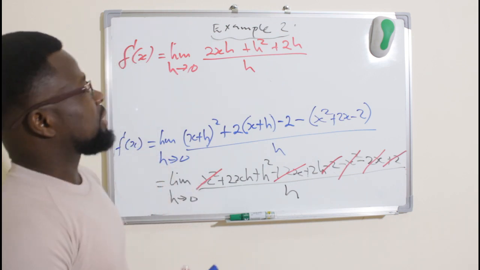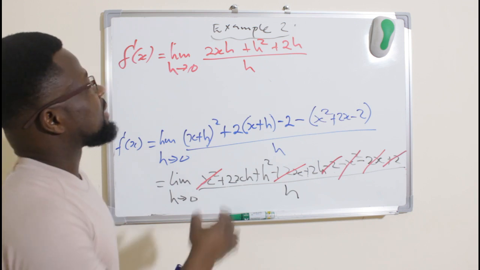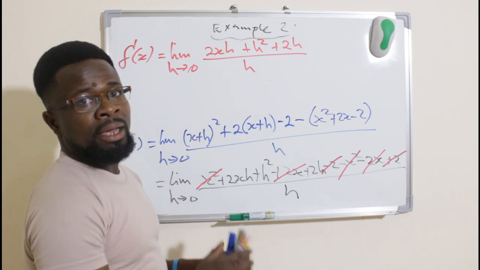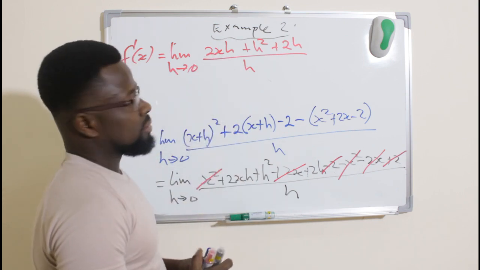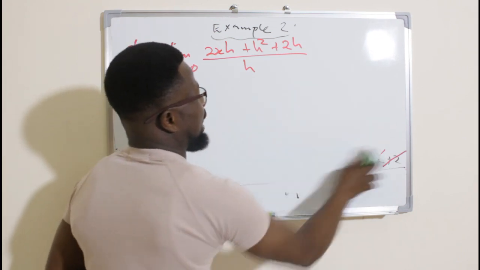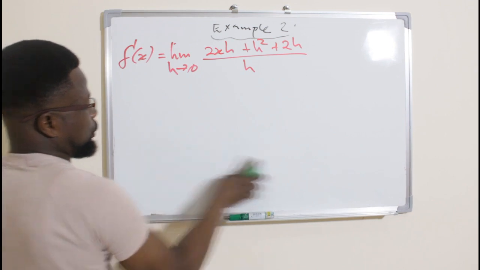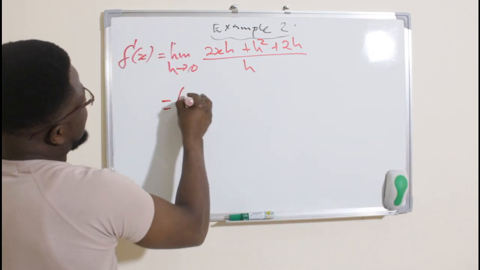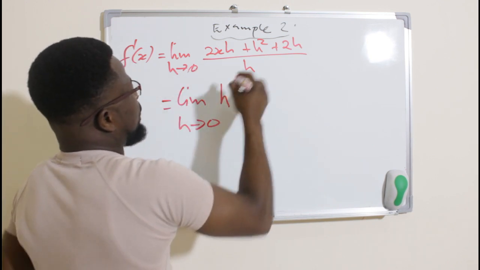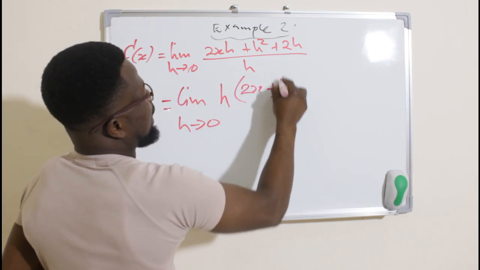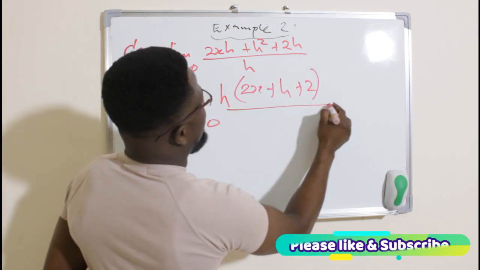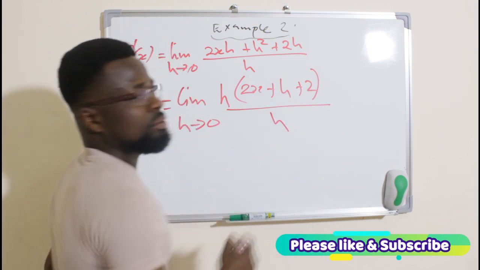And when I have this, the first thing that you can see is that there is a common factor. The h is common to all the top terms. So we're going to factor out the h. If you factor out the h, then we're going to have h times 2x plus h plus 2, and now all over h.